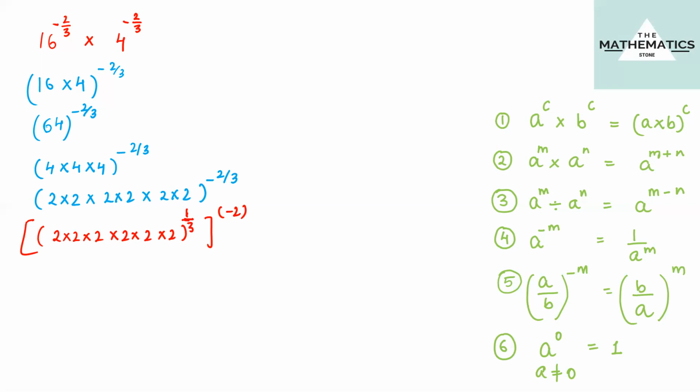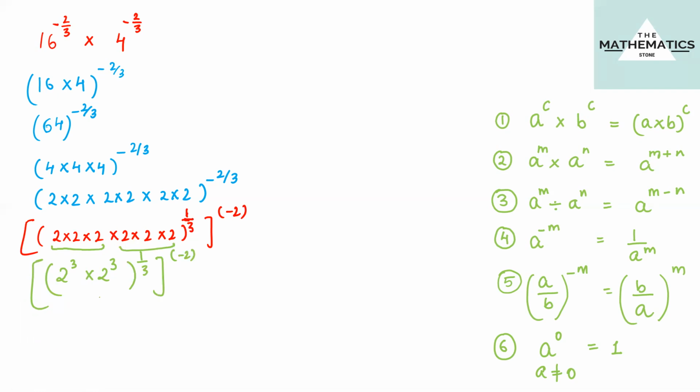So now I club these factors in groups of 3. Take 1, 2, 3, and 1, 2, 3. Can I write this group as 2 raised to 3, and this group again as 2 raised to 3, and this entire thing raised to 1 over 3, and the entire thing raised to negative 2?